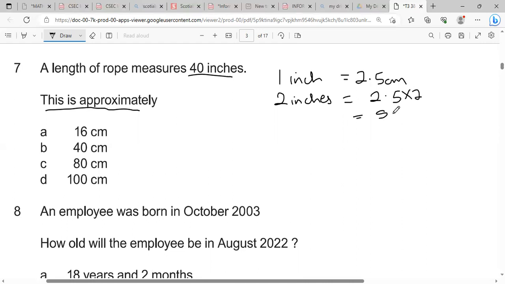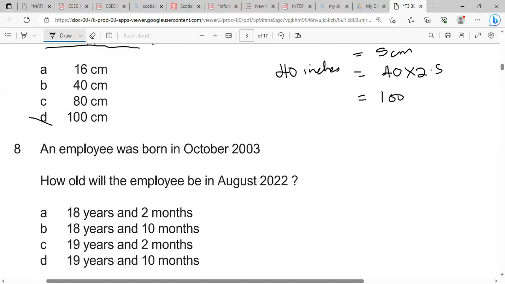So based on that, we could say that if it's 40 inches, we simply multiply 40 by 2.5, which works out to 100, right? 2 times 40 is 80, half of 40 is 20. All right, that's how you can multiply it, guys. So it would be 100 centimeters. Very nice question though, but you have to know the conversion rate.